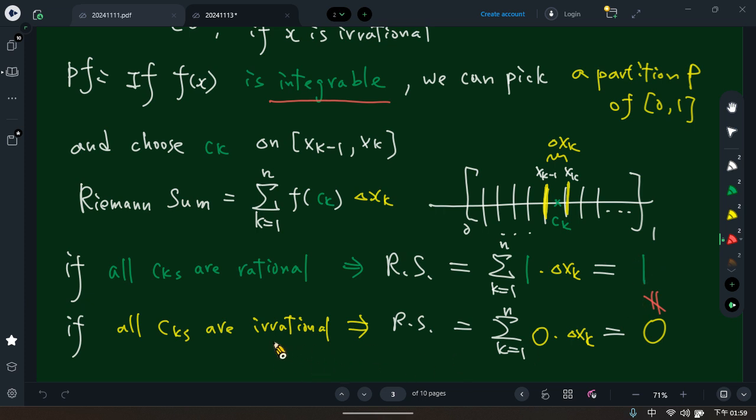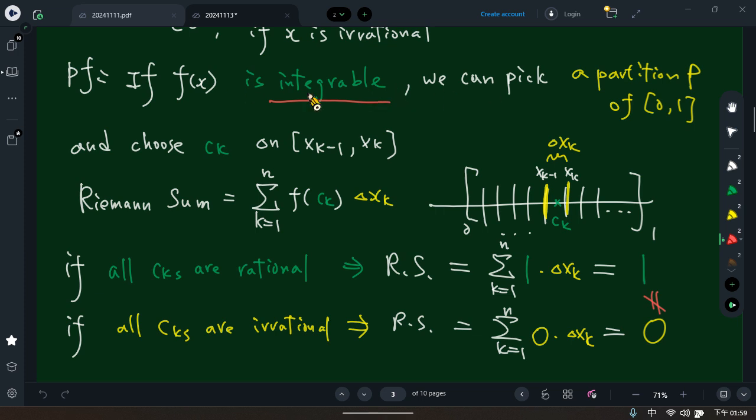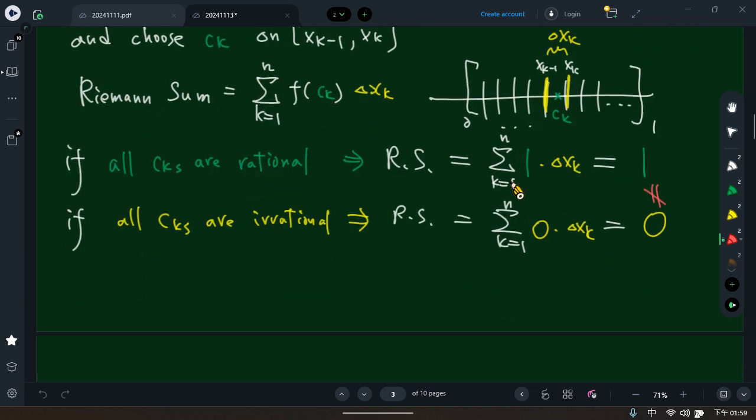But in this case, the Riemann sum will be 0. So there is a conflict. Because if it is an integrable function, all Riemann sums will converge to the same value. But here, they are different. So our assumption is wrong. So that means this is not integrable.